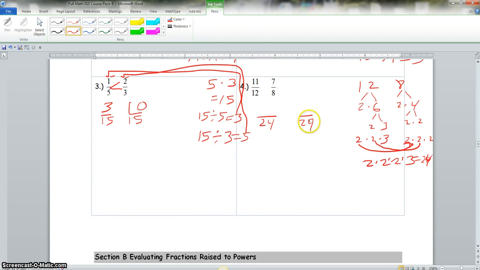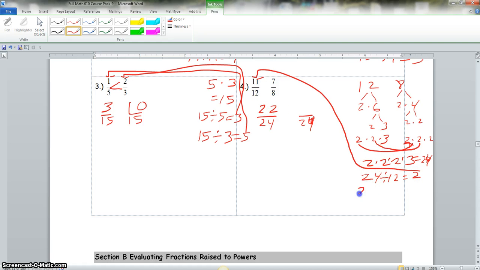Now, for some reason, I keep getting this line with the 4. But we know this is supposed to be 24. Okay, so now what we have here is we have the new denominator divided by the original denominator. 24 divided by 12 is 2. So we would take this 2 and multiply it by this 11. 2 times 11 is 22.